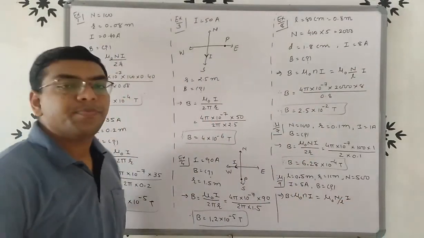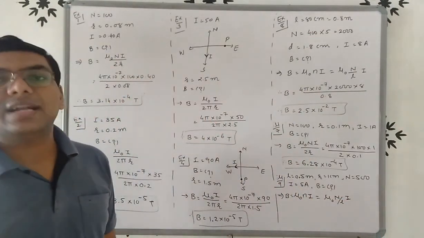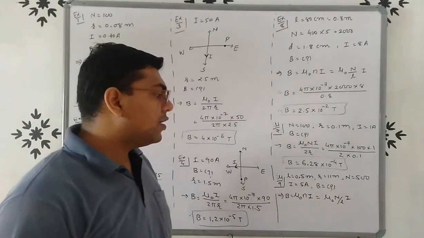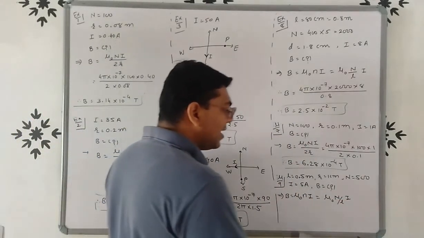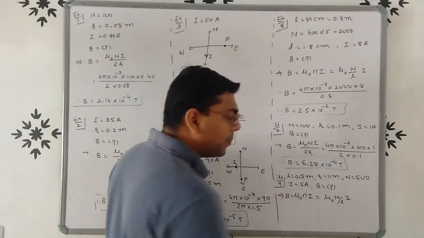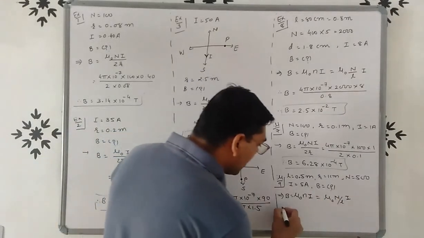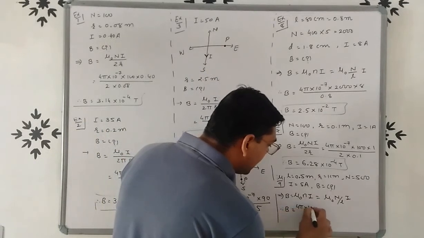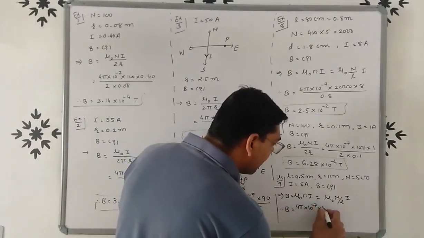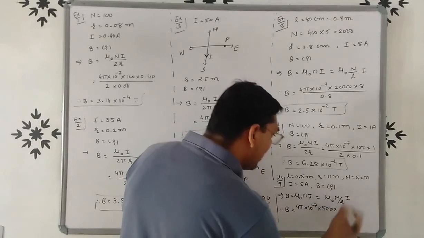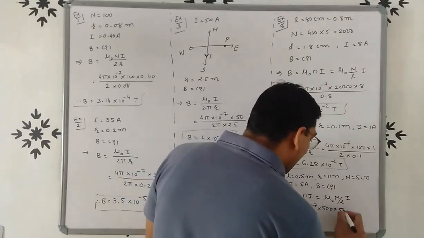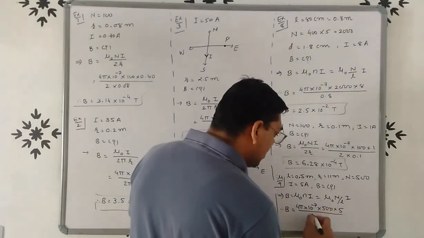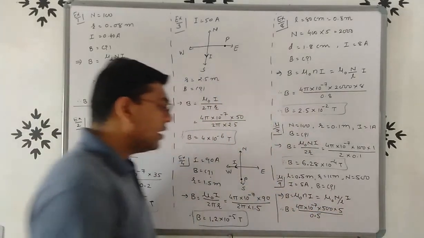Because small n is the number of turns per unit length, we already know that small n equals capital N upon L. So the formula will be like this: mu 0 N I upon L. So B equals the value of mu 0, 4 pi into 10 raised to minus 7, value of N 500, value of current I that is 5 ampere, upon length 0.5, right?